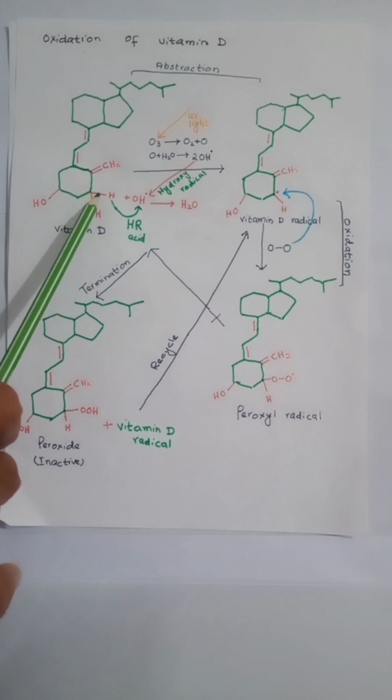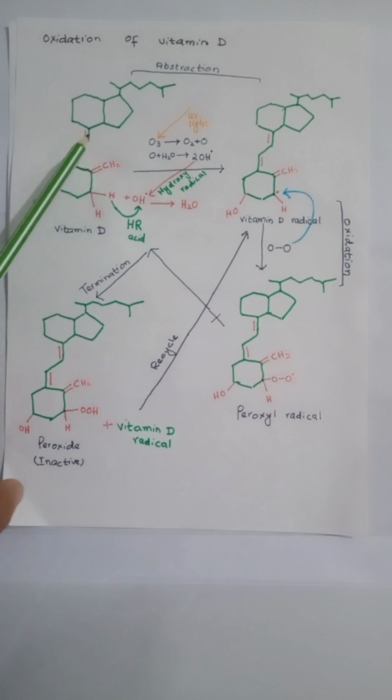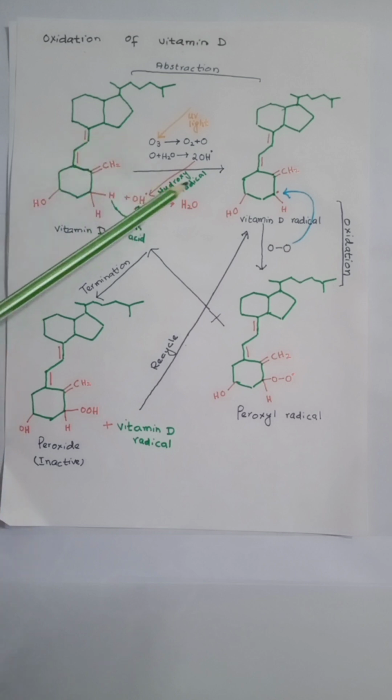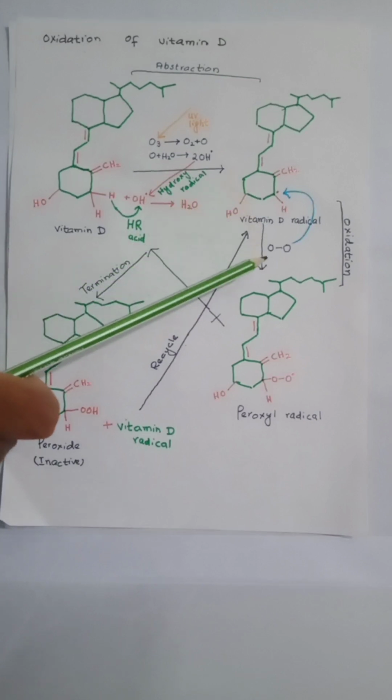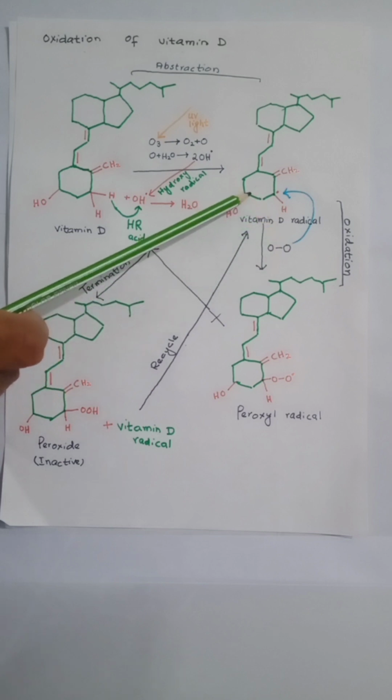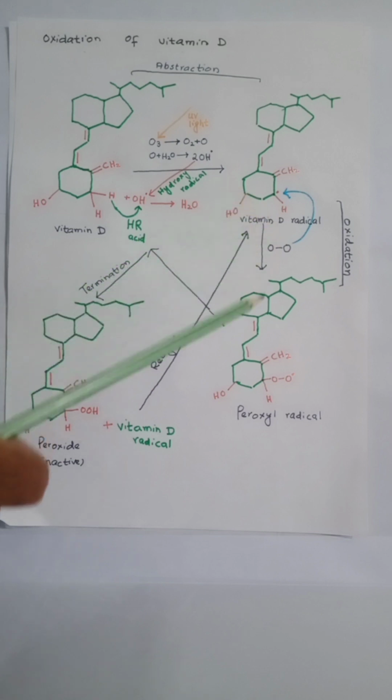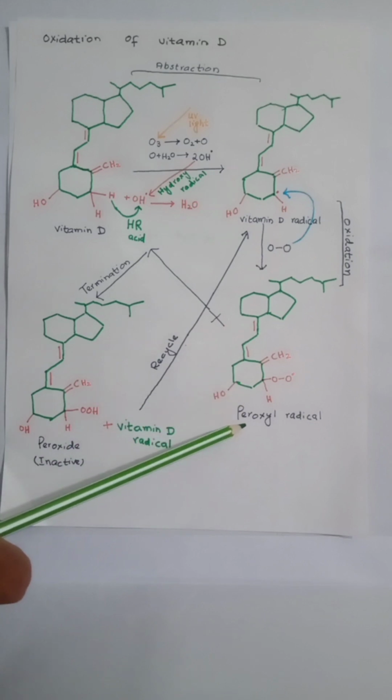After abstraction, when the hydrogen atom is separated from vitamin D, vitamin D is converted into a vitamin D radical, and it is prone to attack by oxygen. When an oxygen molecule attacks this vitamin D radical, it converts it into a peroxyl radical.